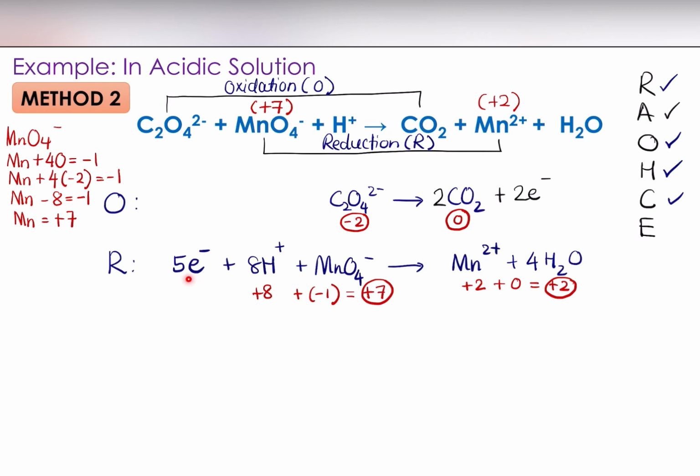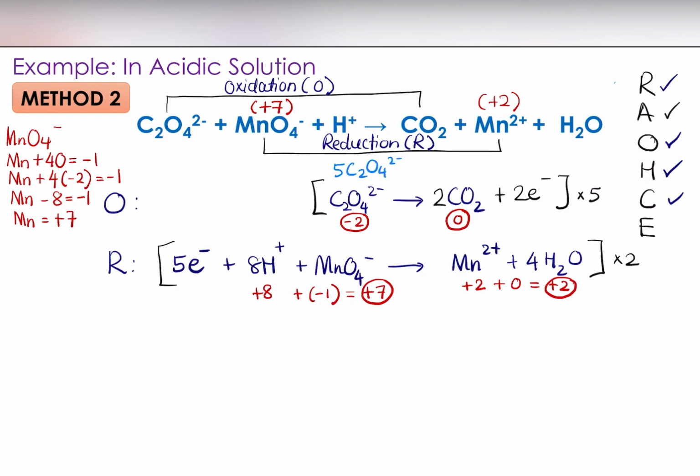So what I'm going to do, I will multiply both of them by the opposite number. The whole thing here, I must multiply by 5. And the whole thing here, I must multiply by 2.